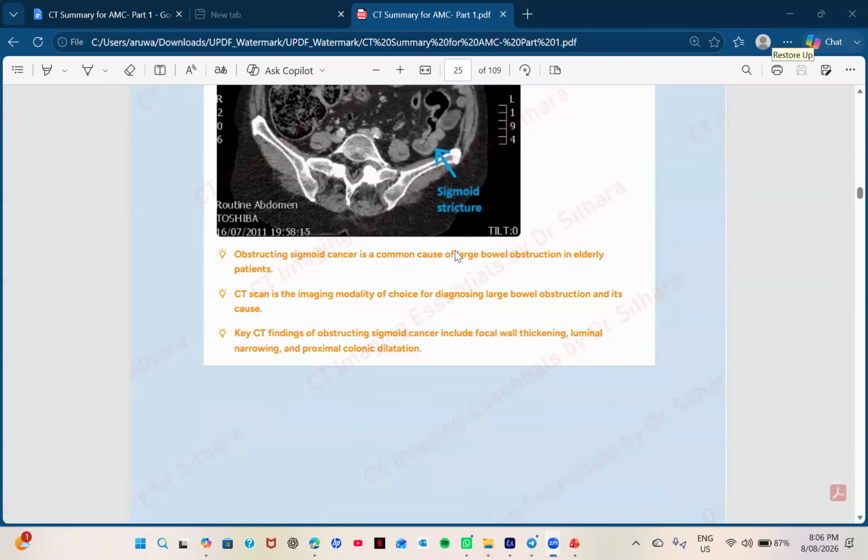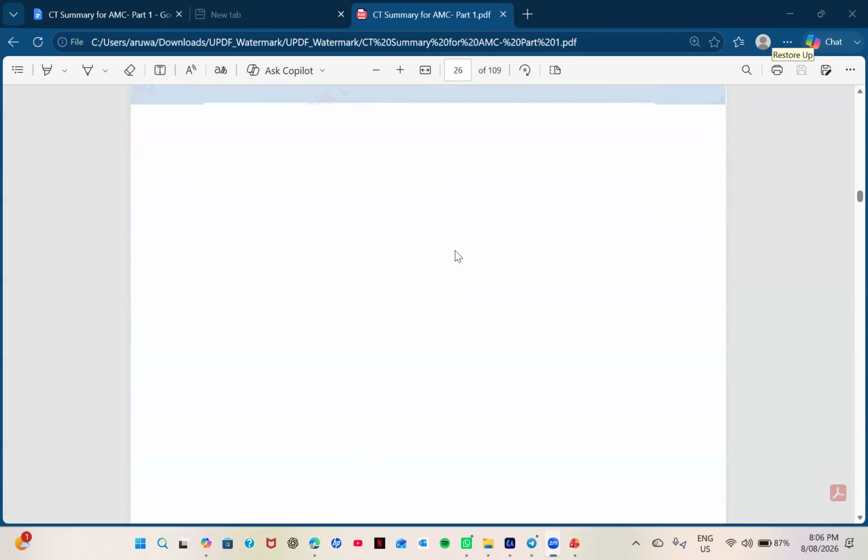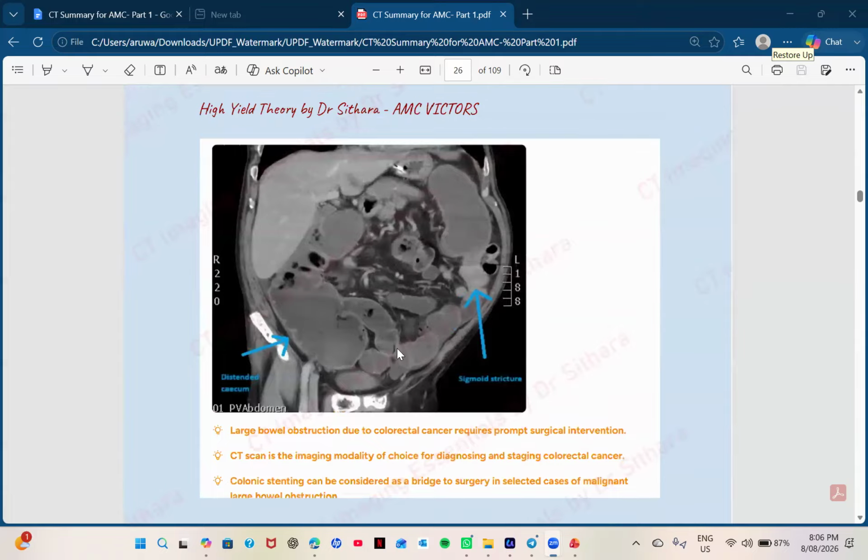The sigmoid cancer here, and the other picture. What type of large bowel obstruction can you see in this image? I explained the different types of obstruction, the importance of the ileocecal valve, and how and why the cecum becomes dilated.